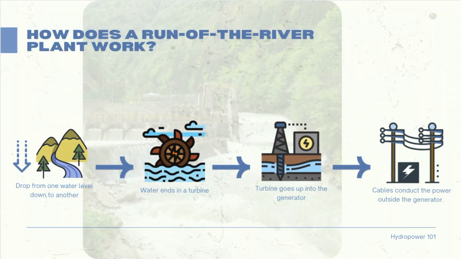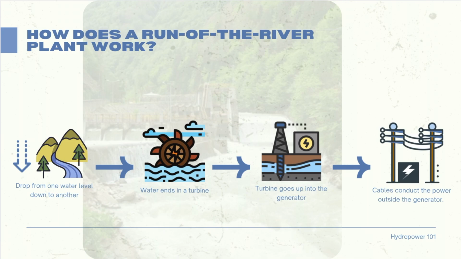How does the run-of-river dam work? The creation of energy that is made by hydropower plants consists of two essential parts: the process that the water executes in the run-of-river dam and the process of conversion that exists inside the generator. The run-of-the-river dam creates a drop from one water level to another.